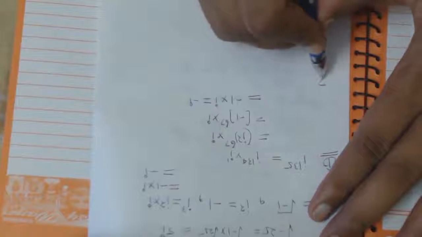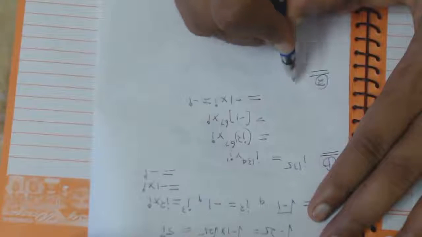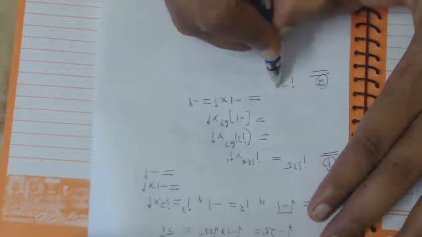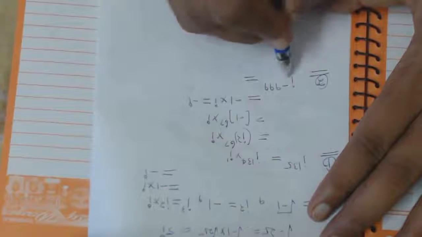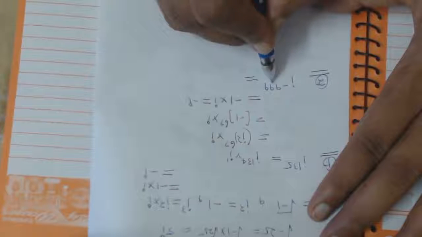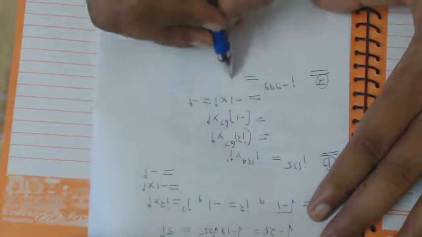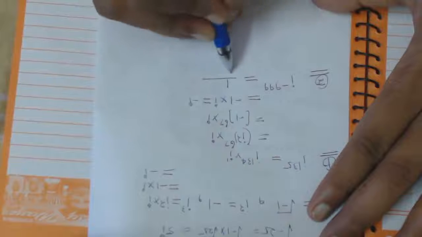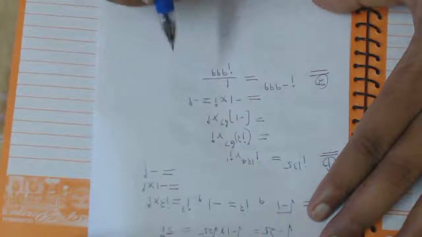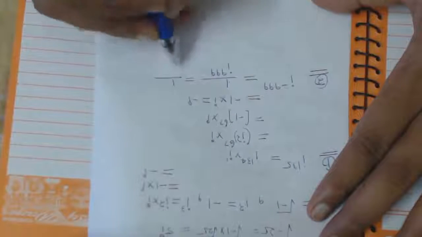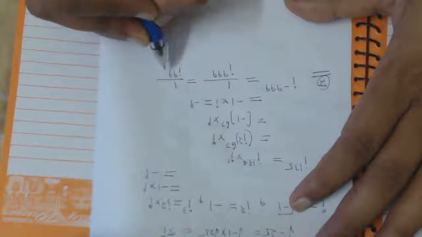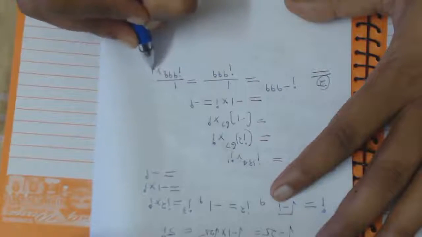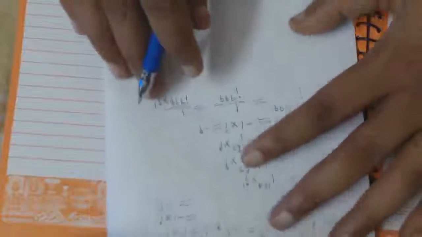Again, another example I am taking: iota raised to the power minus 999. It gives you 1 over iota raised to the power 999, which is 1 over iota raised to the power 998 into iota raised to the power 1.